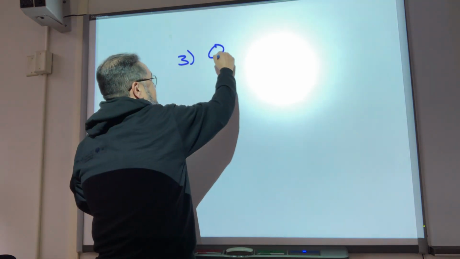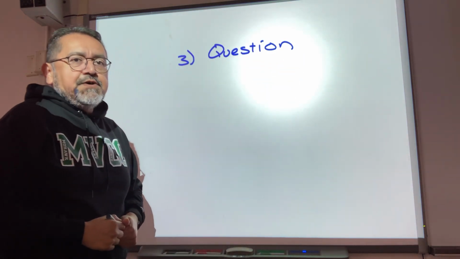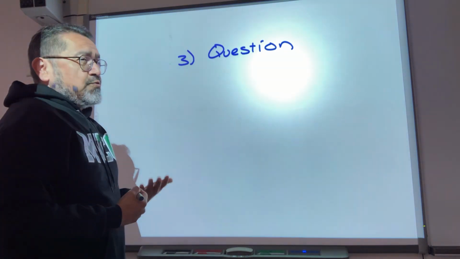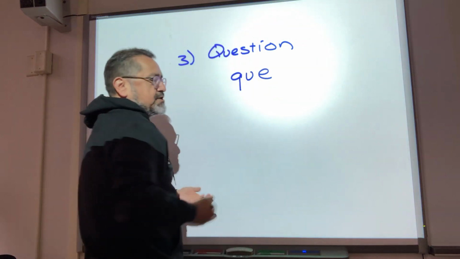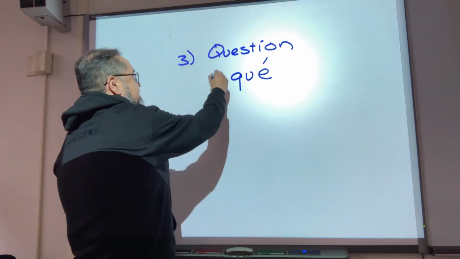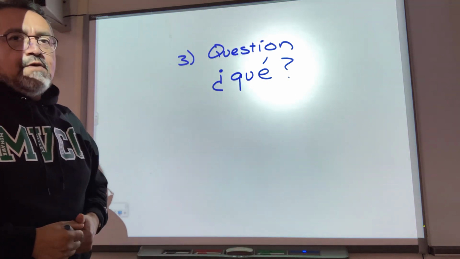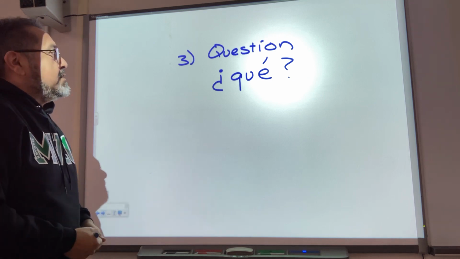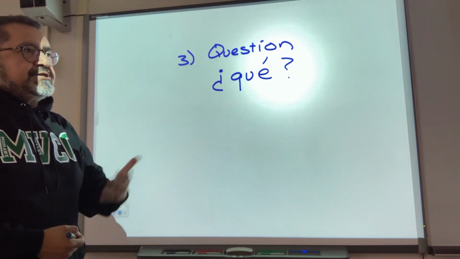Now, the last reason why we use accent marks in Spanish, number three: anytime you have a question word, you would always add an accent mark. So for example, the word what, qué, pronounced keh, has an accent mark on the E. In addition, in Spanish, all question words, or any question, like any sentence as well, will begin with both an inverted question mark and then a regular question mark.